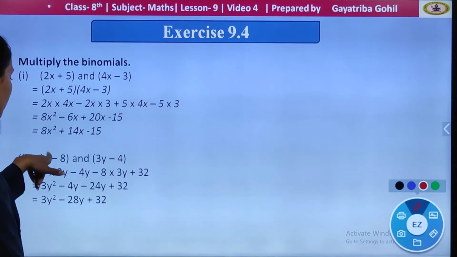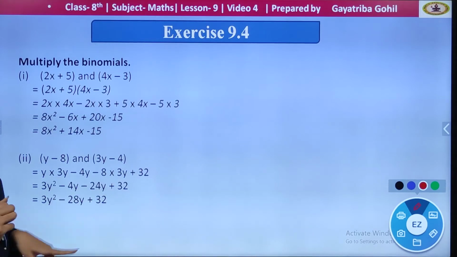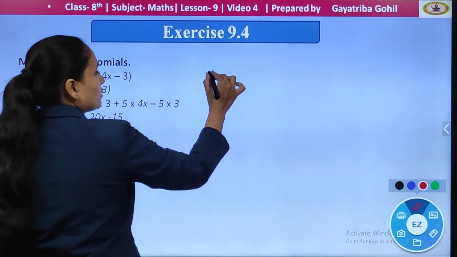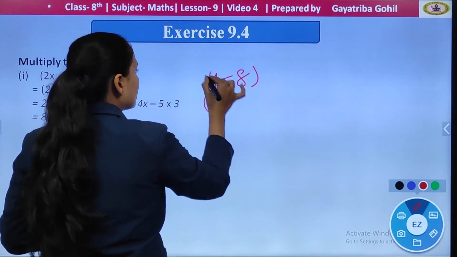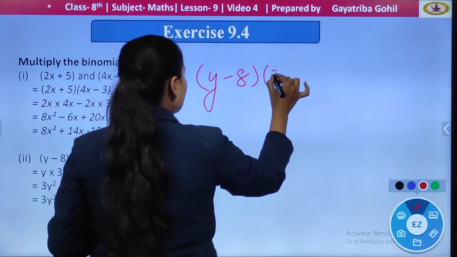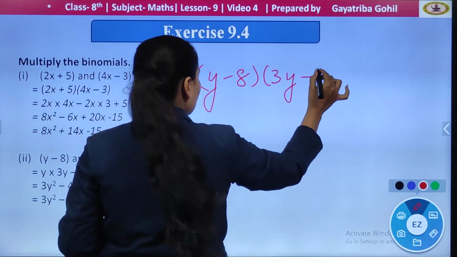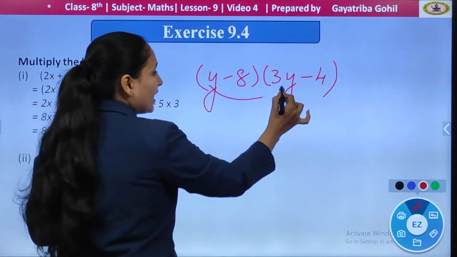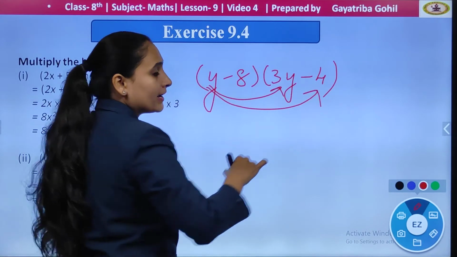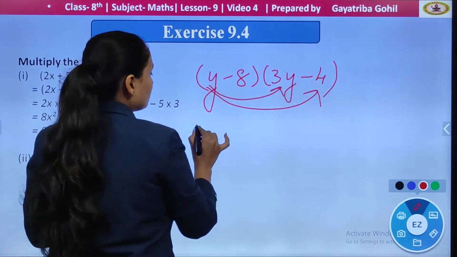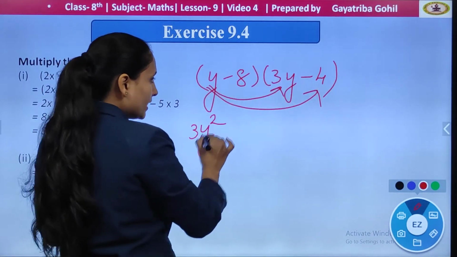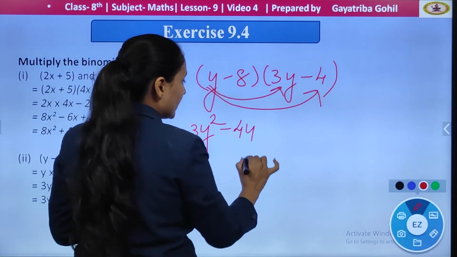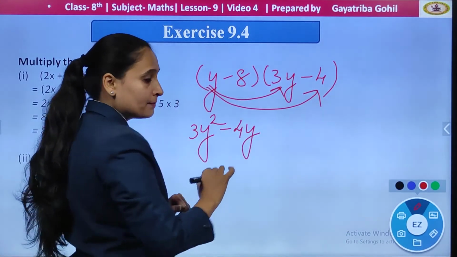Then we have y minus 8 and 3y minus 4. Again, bring those together, multiply one by one. Let us do this. y minus 8 and 3y minus 4. So, multiply y with 3y and then y with minus 4. So, y into 3y will give you 3y square, y into minus 4 will give you minus 4y. Do not forget the minus sign.